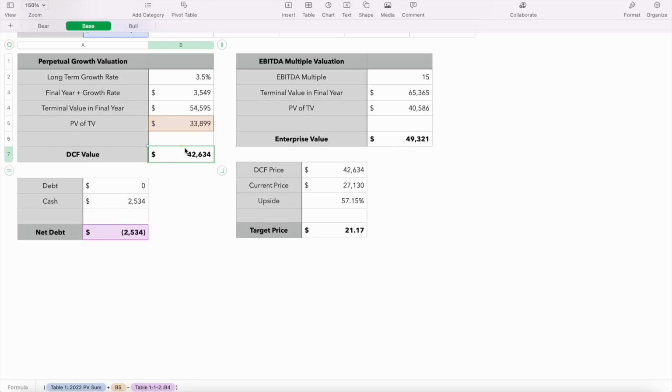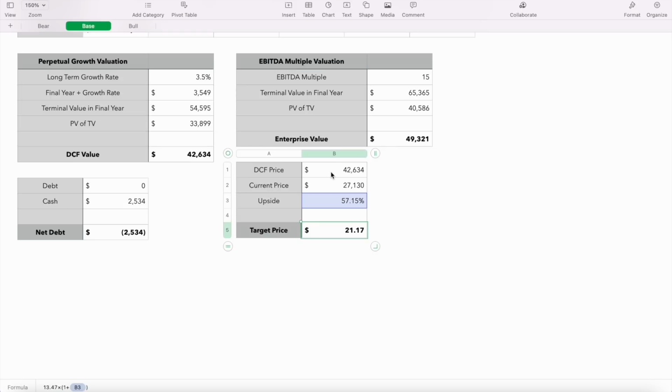We're just keeping the cash there at their current level, or around their current level. I didn't check exactly. Gives us a DCF value of $43 billion with our current market cap of 27 billion, which represents a 57% upside, a share price of around $21 per share.